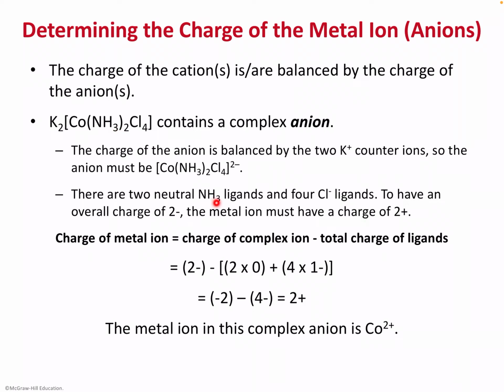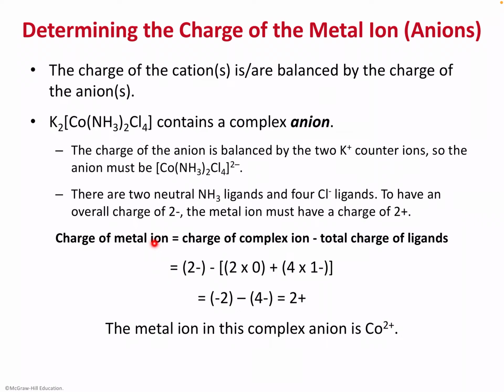There are 2 ammonia ligands and 4 chloride ligands. To have an overall charge of -2, we're going to find out the charges in each of these. Ammonia is 0, 4 chlorides are -4, and when you add that with the cobalt, it all equals -2.